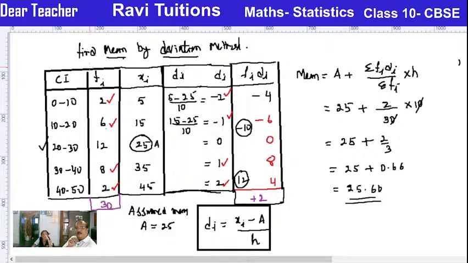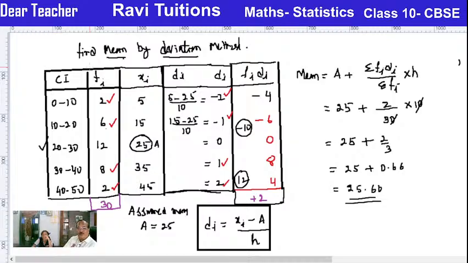So in the examination, which method do you have to choose? Suppose if it is given use direct method, you have to use direct method. Suppose if it is given use deviation method, then you have to use deviation method. Suppose if it is not given, you can use any method. At that time, what method you have to choose?